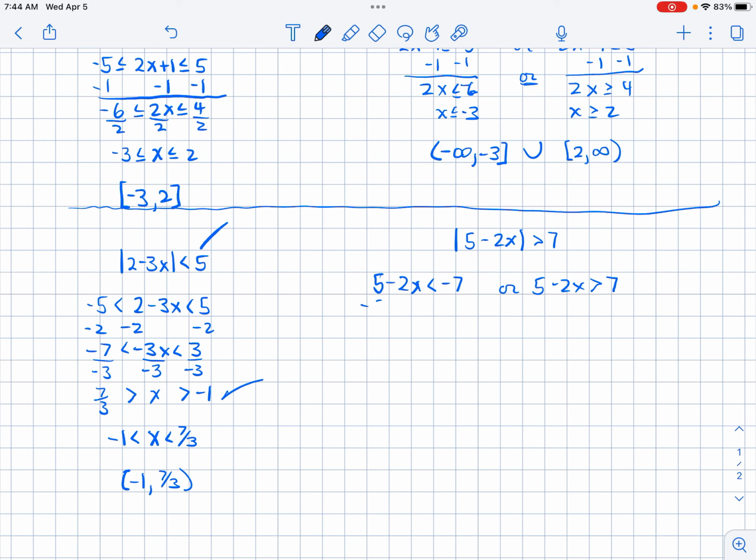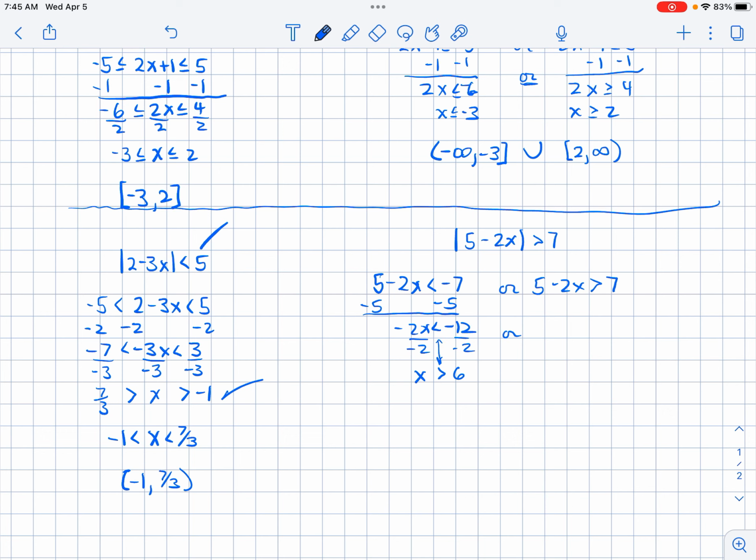So I subtract 5 from both sides. Now notice I haven't changed my direction of the inequality. I added negative 5. I didn't divide or multiply by it. I just subtracted it. Okay. Now I divide by negative 2. And notice I get x greater than 6. See, I swapped the direction of the inequality.